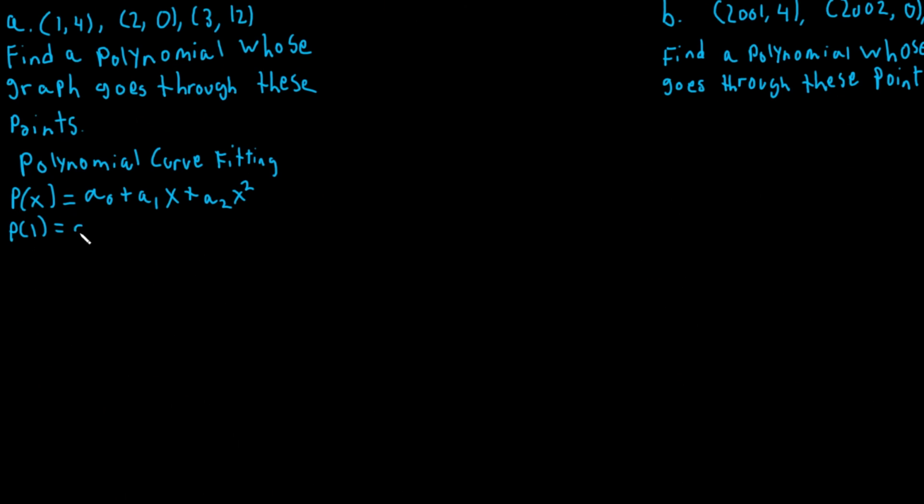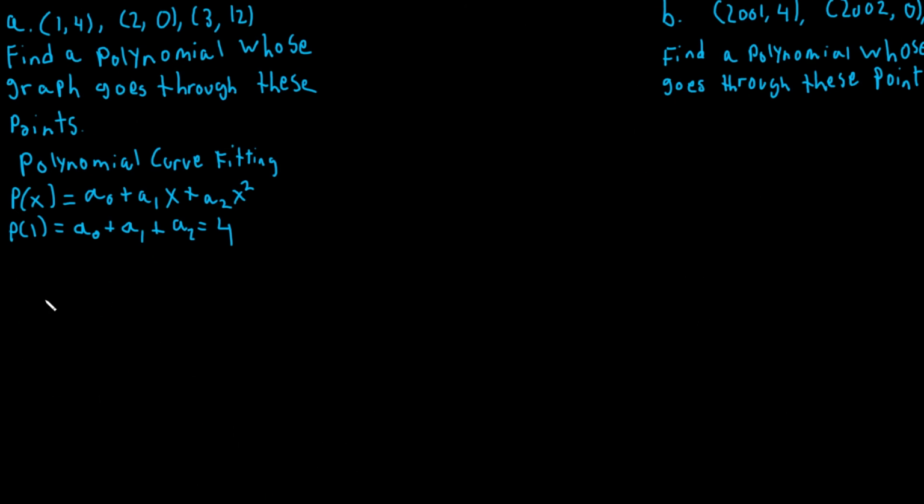Our constant term a0 would remain the same because it's not associated with any x. Here we would just have a1 because a1 times x is just a1. And here we would also just have a2 because a2 times 1 squared is just a2. And this is going to be equal to the y value, because that's the value associated with the function at x equals 1. So this is going to equal 4.